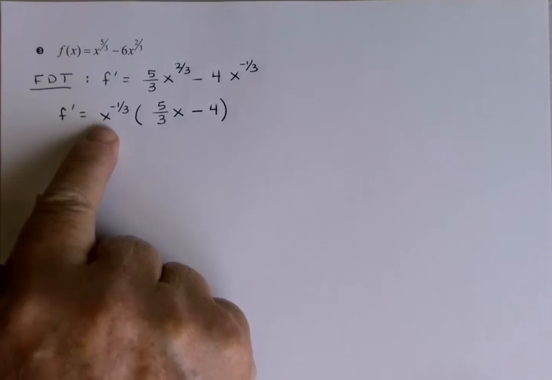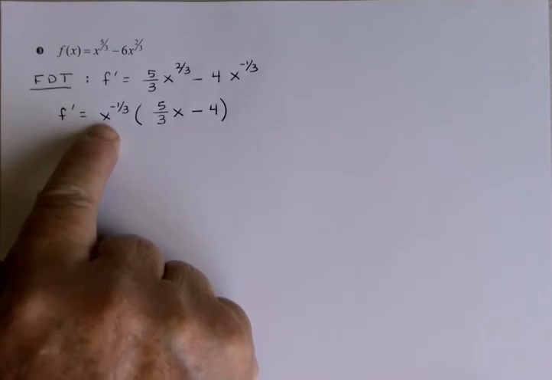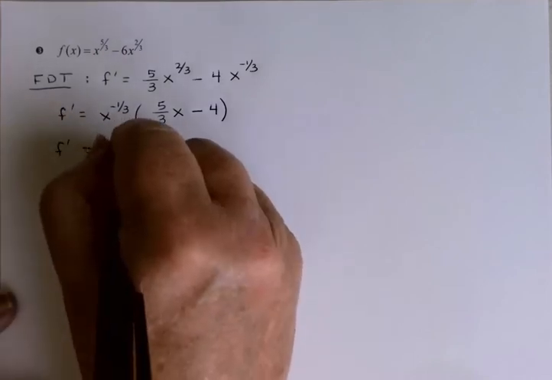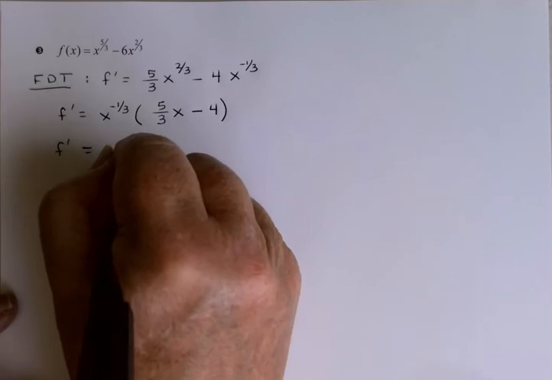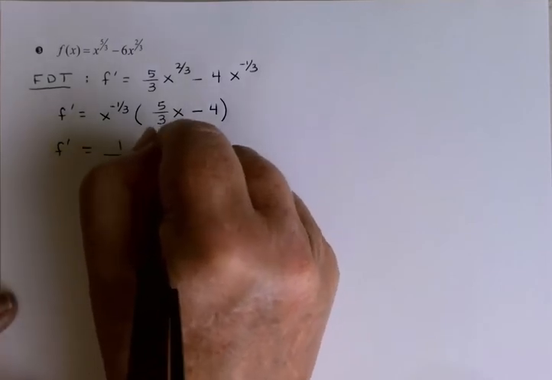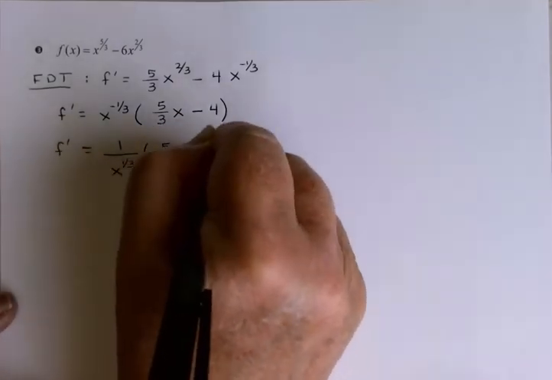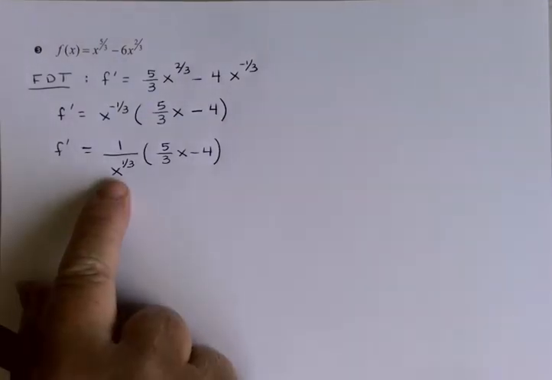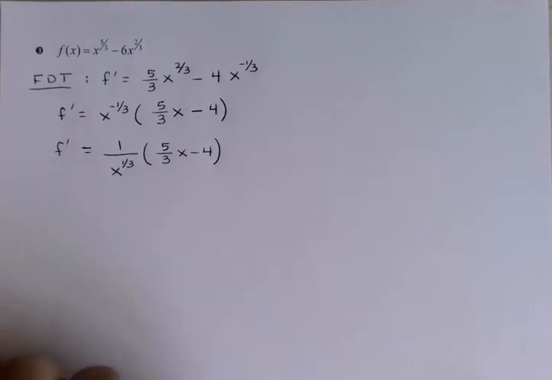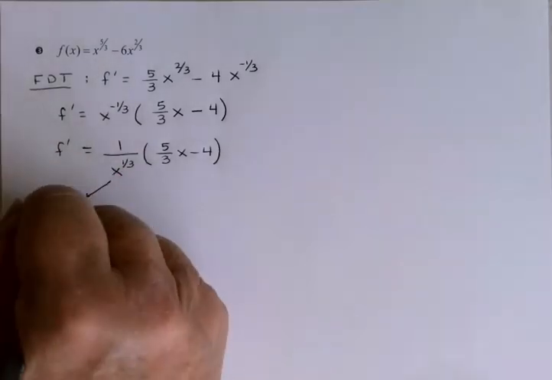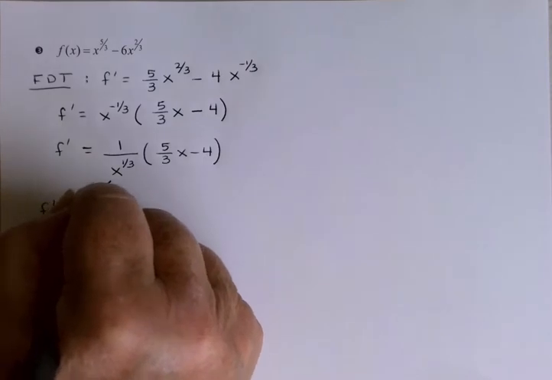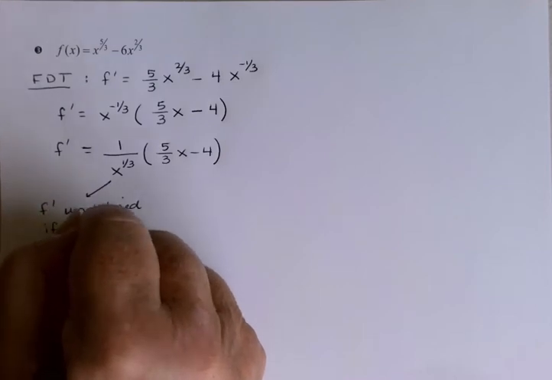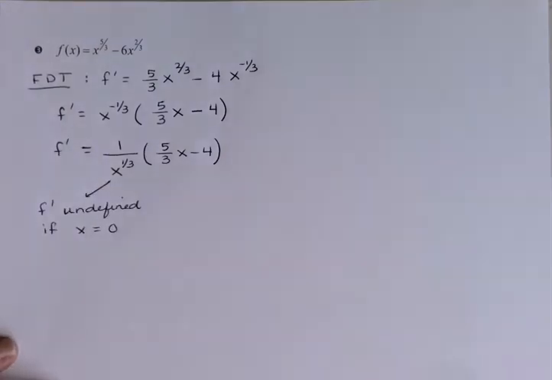Now, this is really an x to the 1/3 in the denominator. In fact, we could even write it that way. And so I'm going to say that if x is 0, this derivative is undefined. So that makes 0 a critical value.